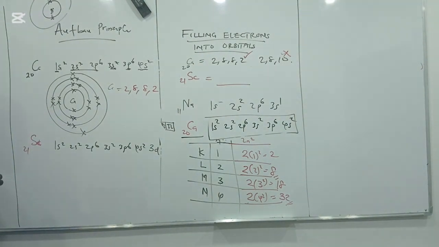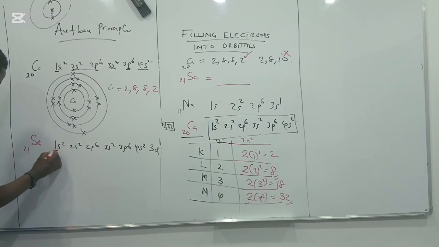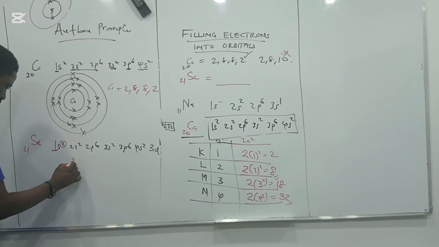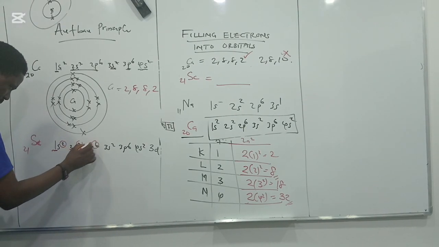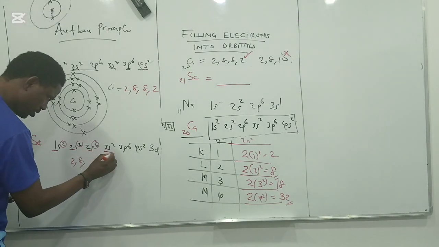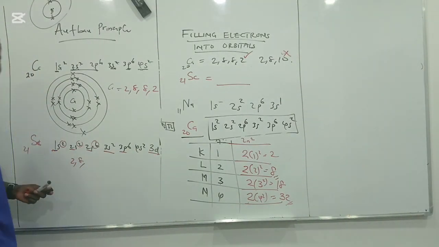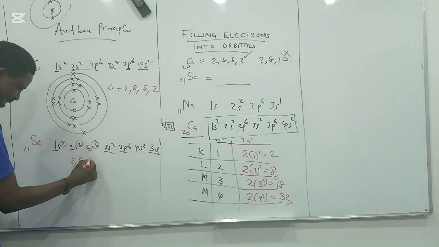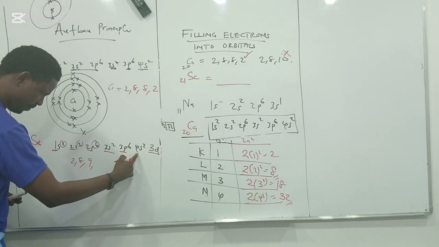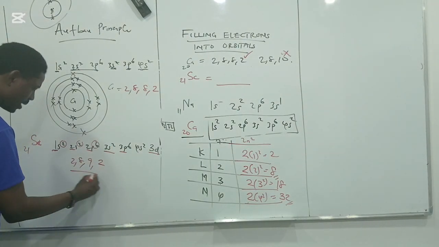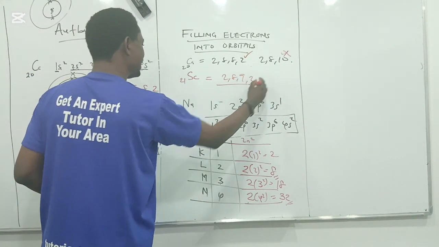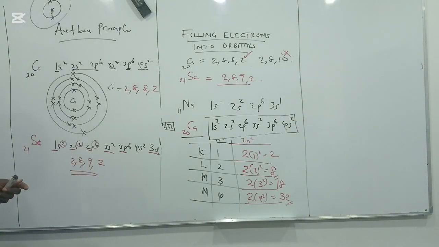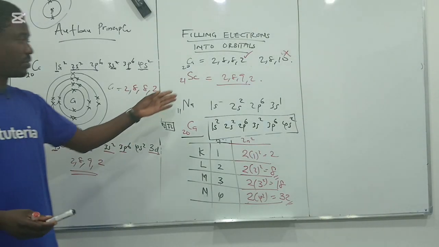So you can see that the first shell has 2 electrons, the second shell has 8 electrons, the third shell has 9 electrons, while the fourth shell has 2 electrons. Can you believe that 2, 8, 9, 2 is the shell notation in K, L, M, N form for scandium?